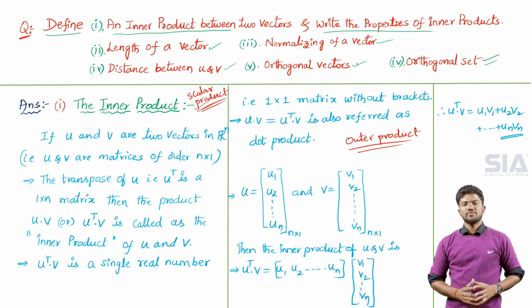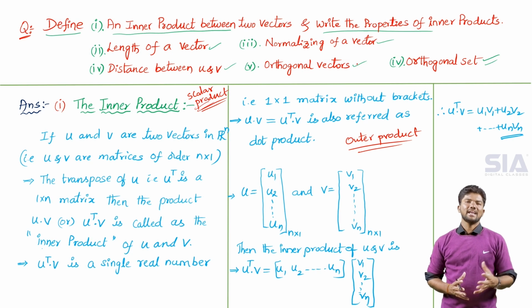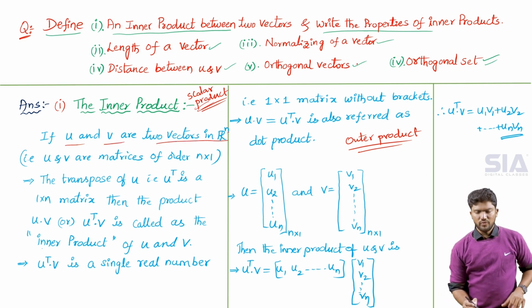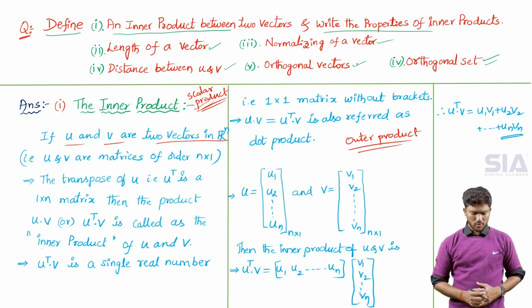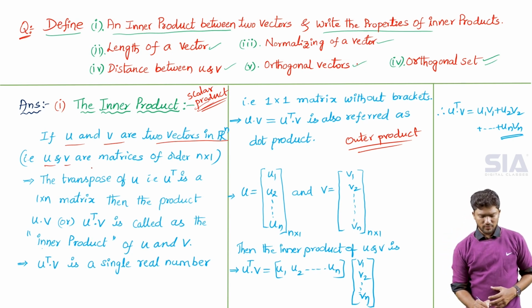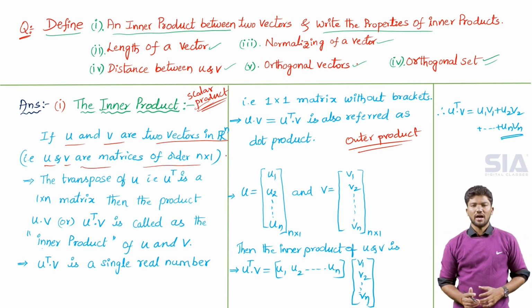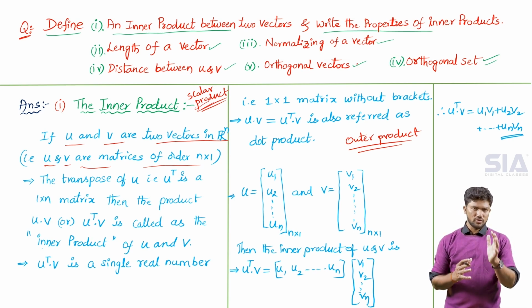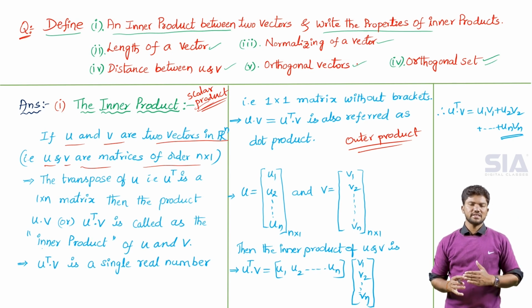The other name of inner product is scalar product. If u and v are two vectors in Rn, that is, u and v are matrices of order n by 1. Whenever we call something a vector, from the first unit itself we have clearly mentioned that a vector is nothing but a column matrix.